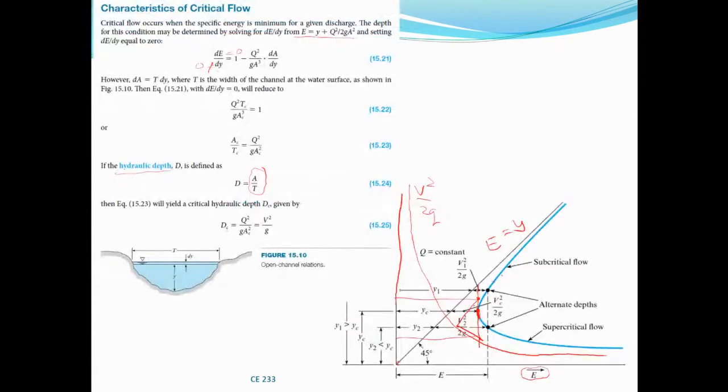And that's why here, this is vc, the critical velocity, and the depth is the critical depth here. This is the critical depth. But after that, for every value of the specific energy, you have two depths: supercritical depth and subcritical depth.